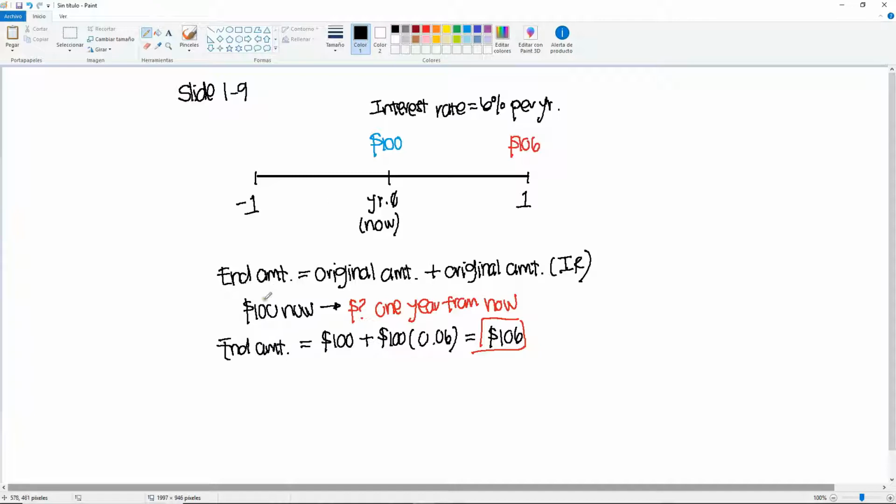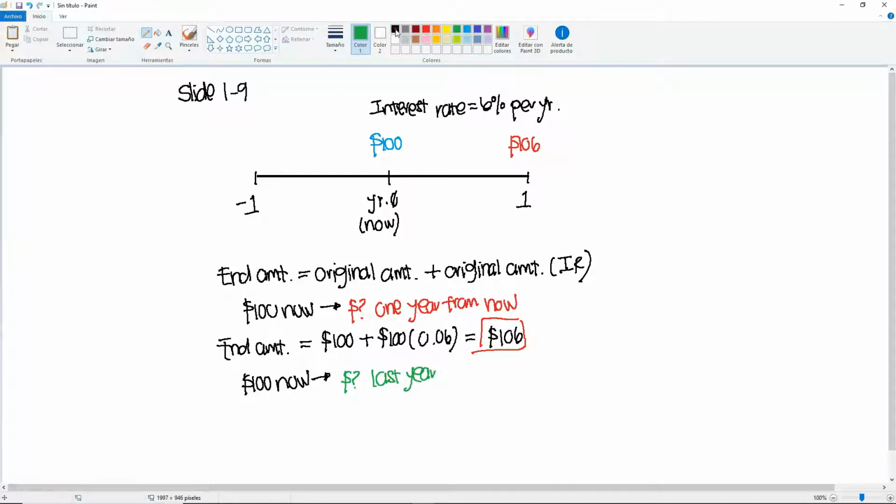You can use the same formula to go back in time. So same thing, if we have $100 now, but now we want to find out how much money this was worth last year.